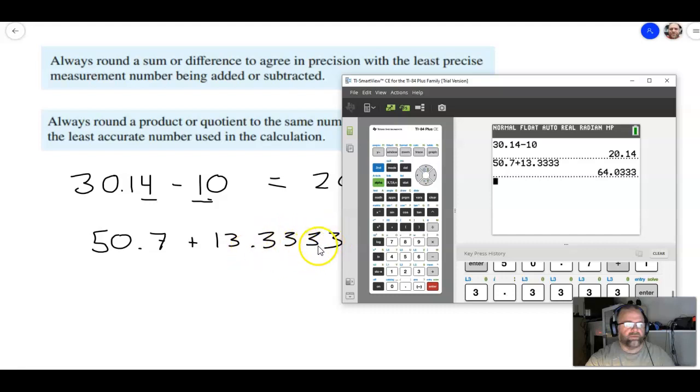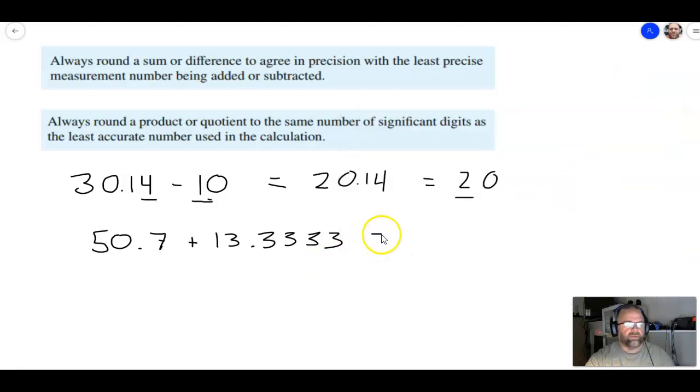So the 13.3333 is precise to the ten-thousandths place, whereas the 50.7 is only precise to the tenths place. So this is the least precise number, so we would do this to the tenths place. So this would be 64.0. We would round to this place here, the least precise of our first two values.